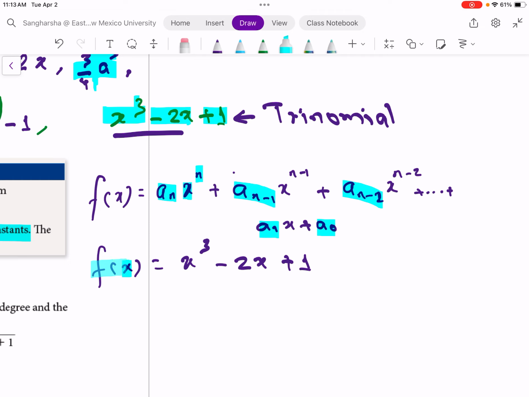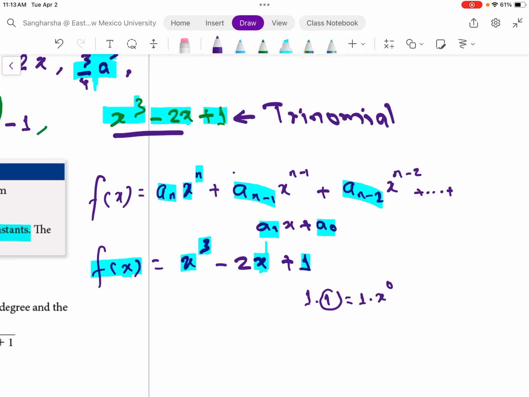Now we take the exponent of the input. What is the exponent of this x? We have 3, right? What is the exponent of this x? 1, right? And we have 1. 1 is a constant, and we can rewrite 1 as 1 times x to the power 0.